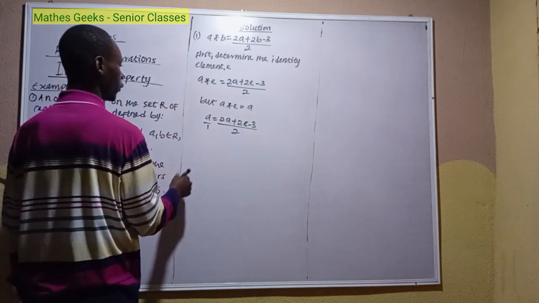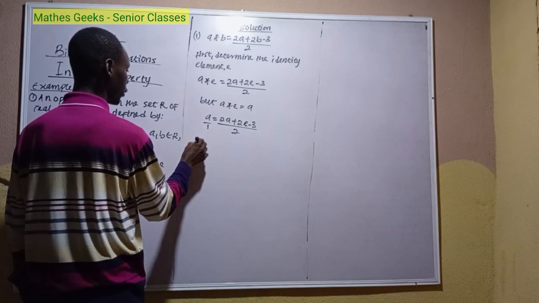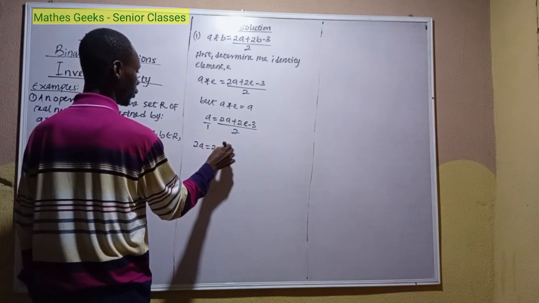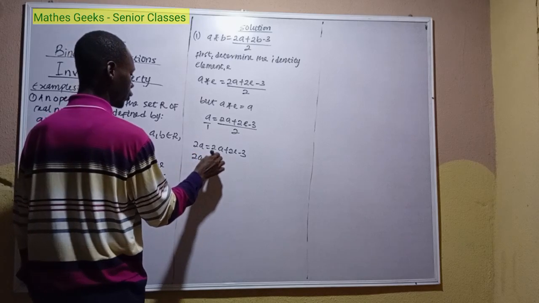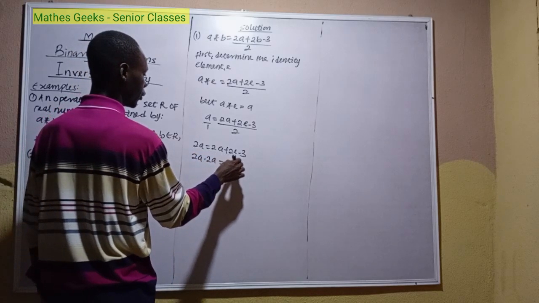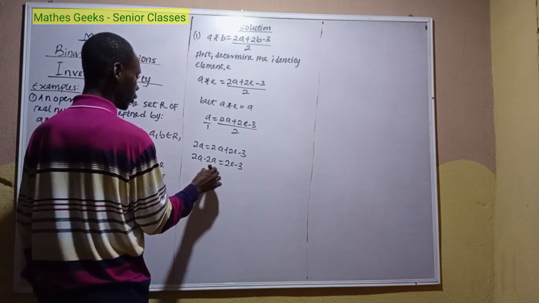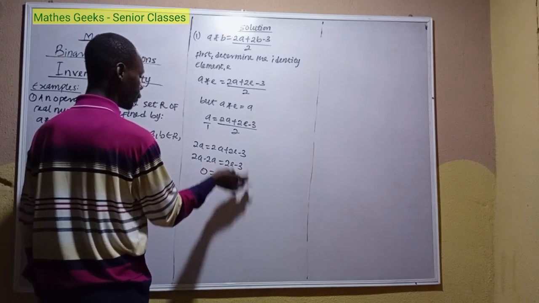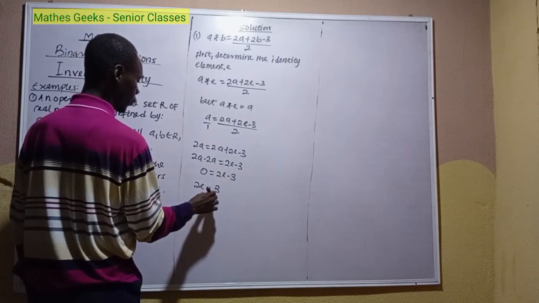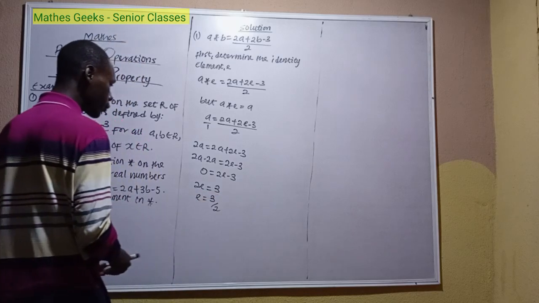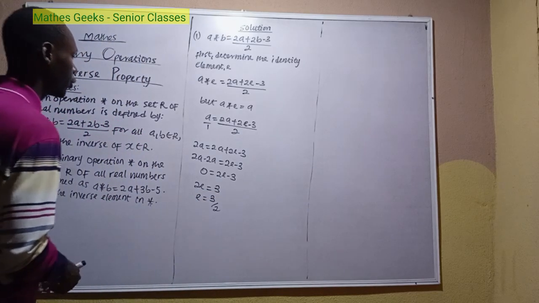So we make it over 1 and then we cross multiply. So 2E is equal to 2E plus 2E minus 3. 2E minus 2E equal to 2E minus 3. So 0 is equal to 2E minus 3. This 2E will give us 3. So E is equal to 3 over 2. So the identity element is 3 over 2.